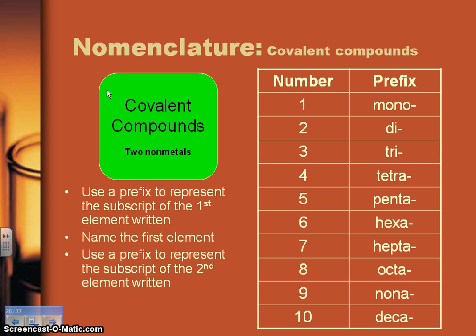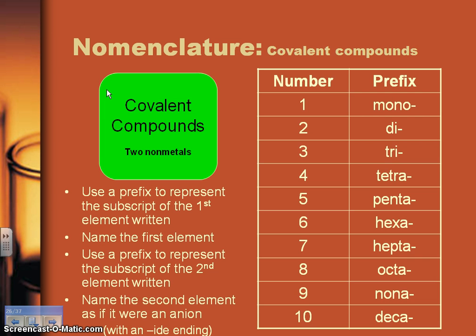Then you're going to use a prefix to represent the subscript of the second element. And then you're going to name the second element as if it were an anion. You're going to replace whatever ending it has with an "-ide" ending. I would pause this now and write down these rules.